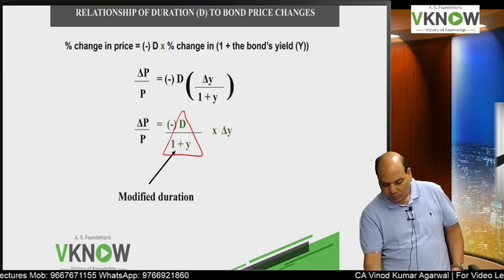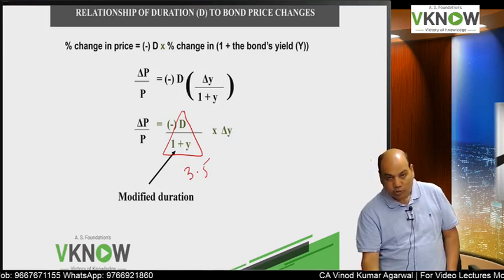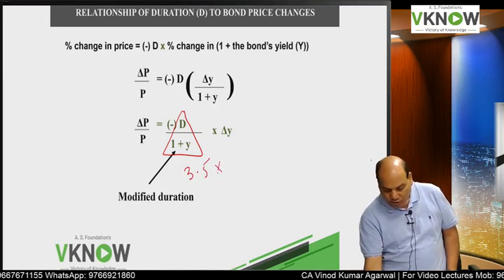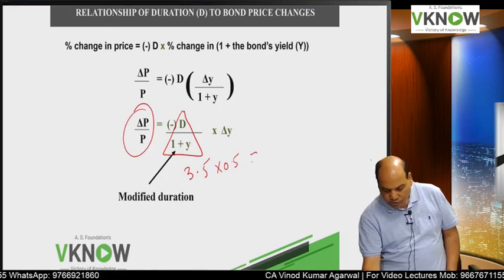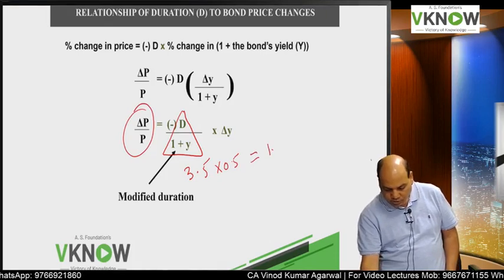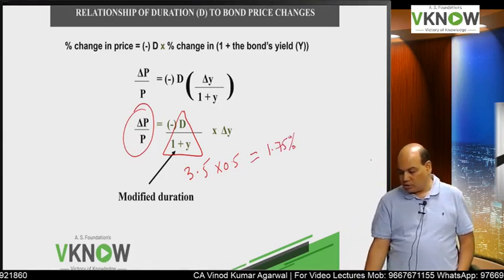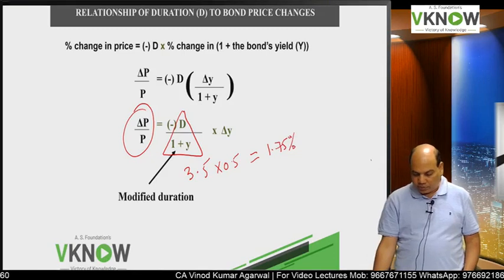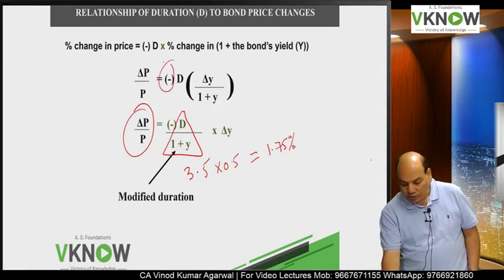For example, if modified duration is 3.5, and change in yield is 0.5, which means the price of the bond will change by, how much is that? 1.75%. Price of the bond will change by 1.75%.